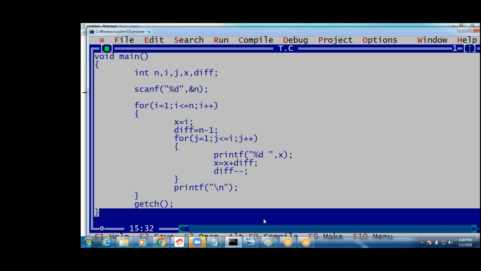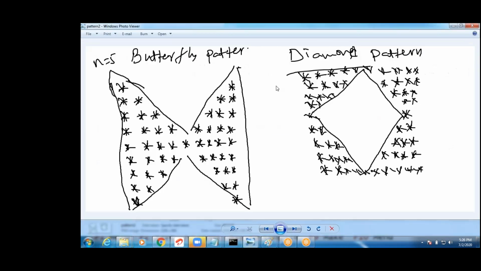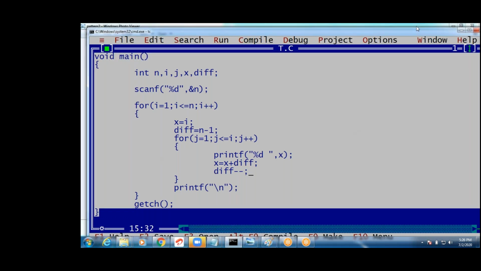Completed this pattern, right? Now next pattern, guys.